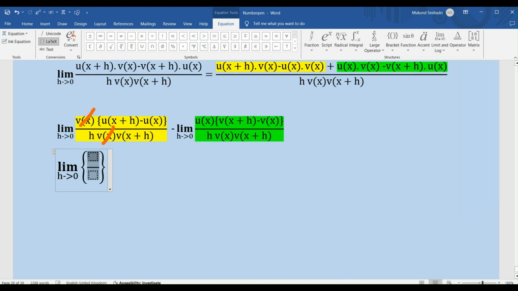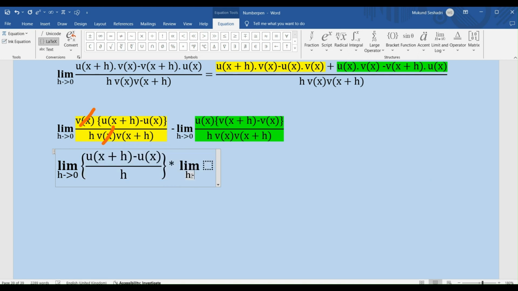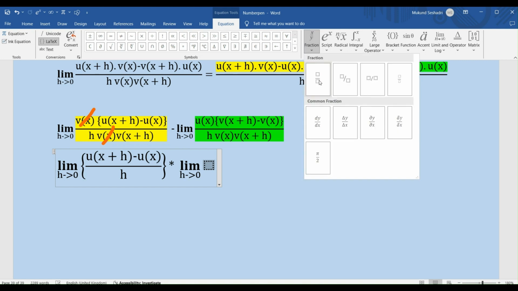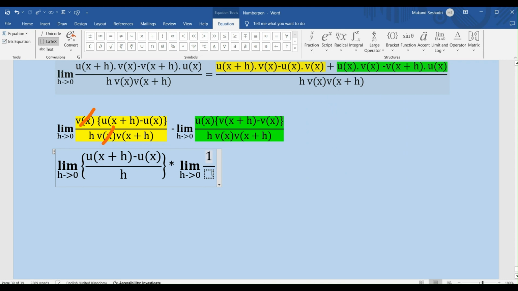My first part is u of x plus h minus u of x divided by h. And my second part, I'm using the algebra for limits, and I'm rewriting this expression as 1 divided by v of x plus h.